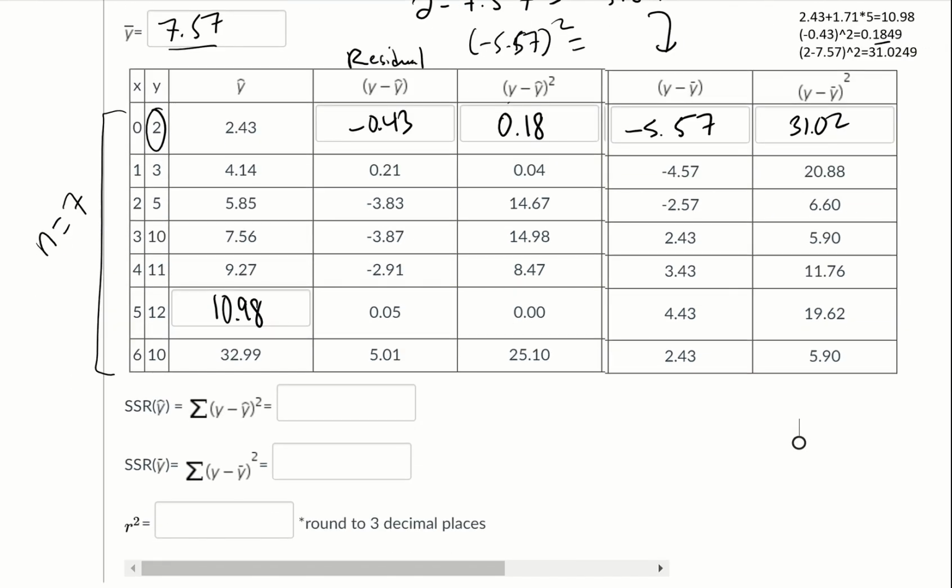So now what you're going to do is figure out the sum of these squared residuals for y hat. So remember that this right here is your SR, your squared residual. And so to find your SSR, your sum of your squared residuals, you have to total this column, okay? So you have to add these numbers here.